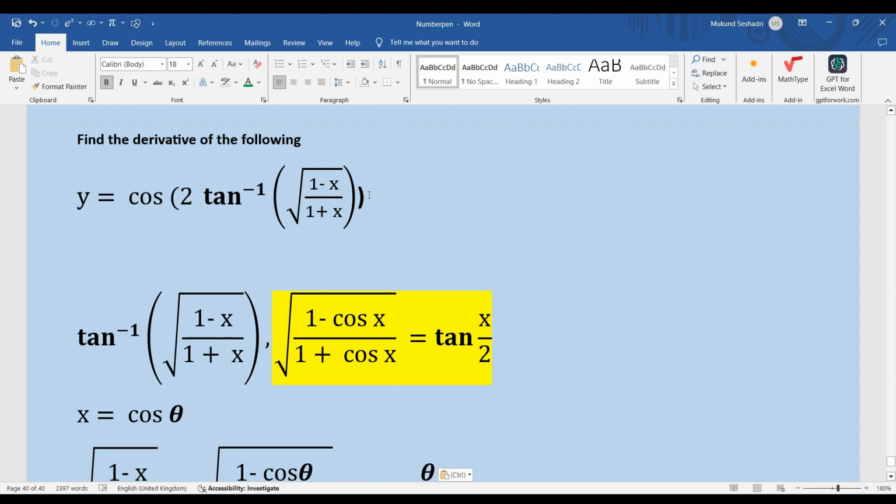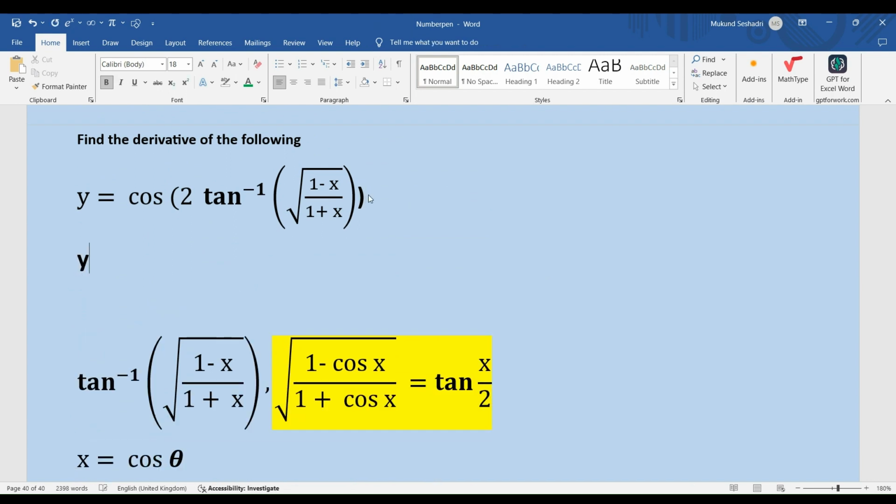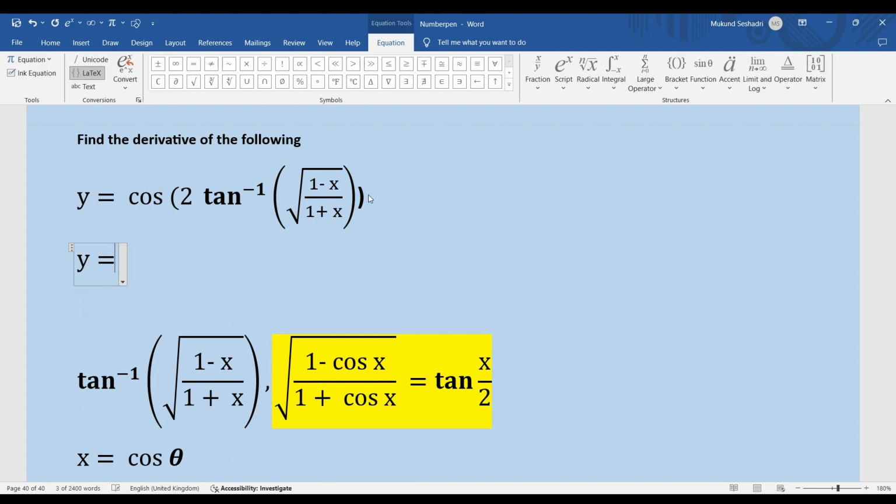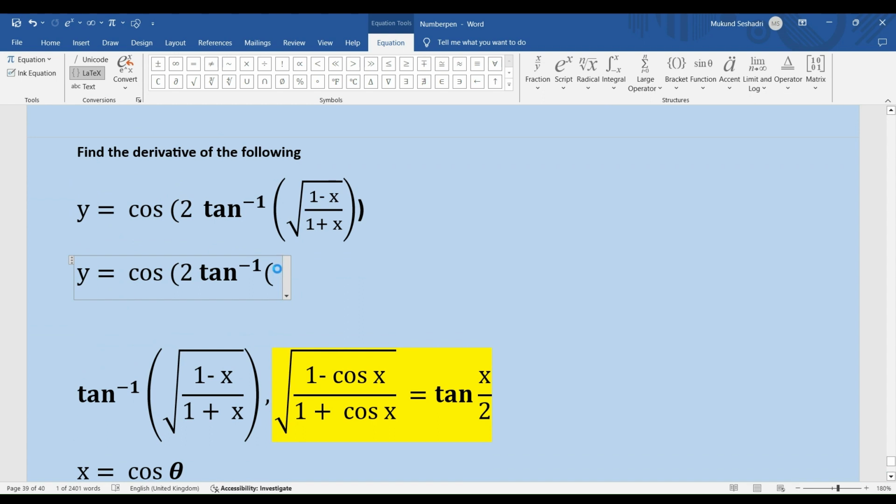I write my y equals cos of 2 tan inverse of, now that we have made the substitution, tan of theta by 2. So this is what I have.